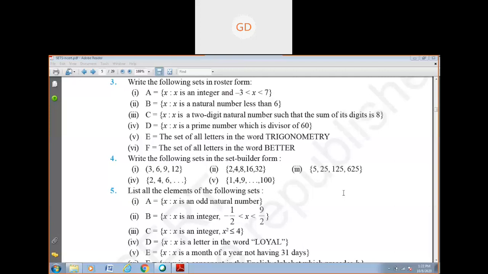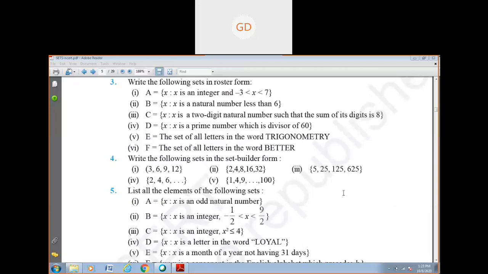That means when we put the values of n, then we have exactly these elements. I repeat: x such that x is equal to 5 to the power n, n is equal to 1, 2, 3, 4.